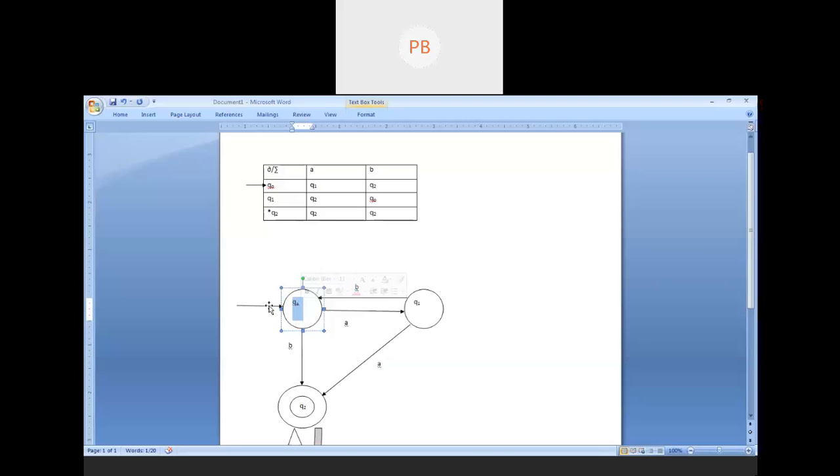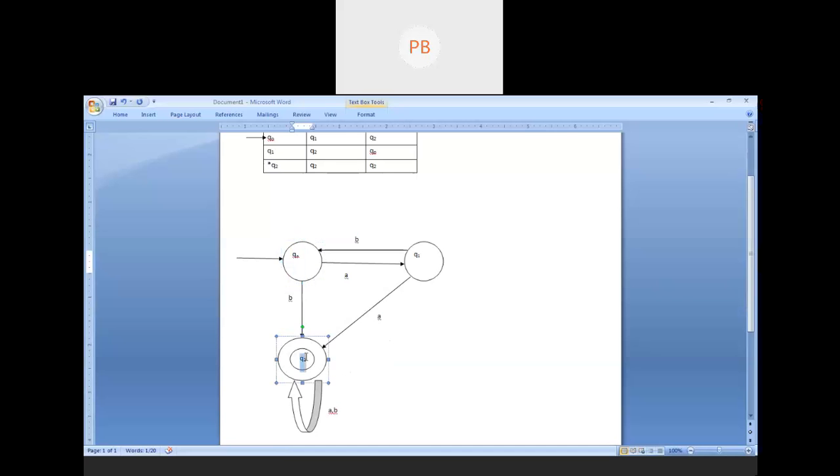F means final, because the tuple F represents the set of final states.